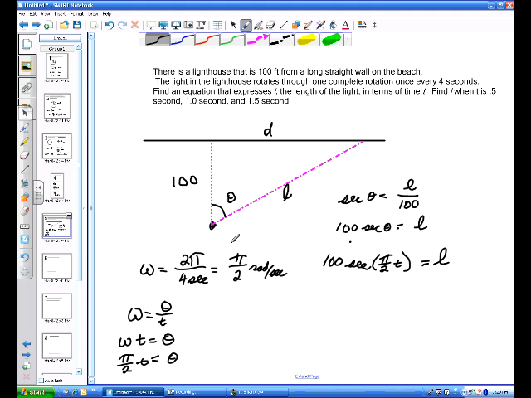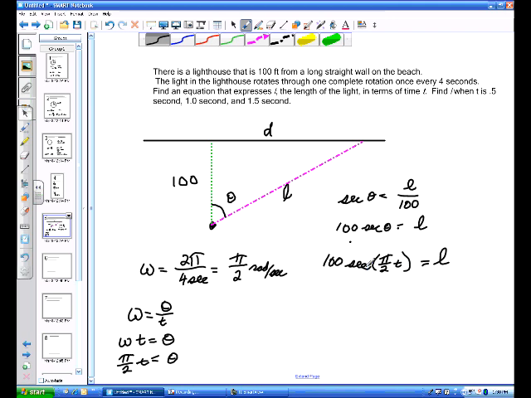So let's go through and see what we want to deal with. If we wanted it at time 0, we know at time 0 it would be 100 feet because it would be shining straight out. Well, at time 0, when t is 0, then this is 0, and the secant of 0 is 1.